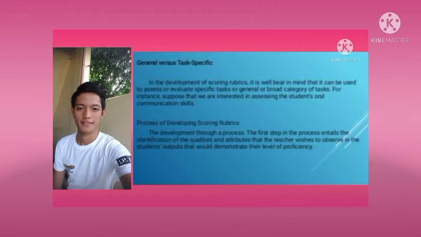General versus task specific. In the development of scoring rubrics, bear in mind that it can be used to assess or evaluate specific tasks or a general or broad category of tasks.